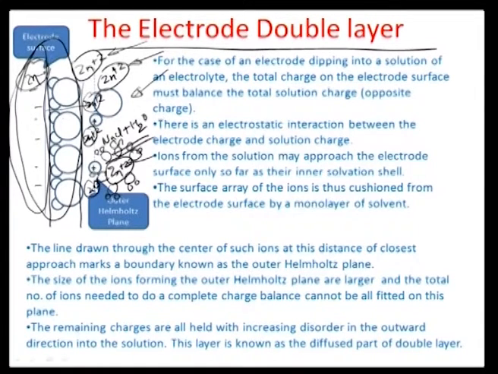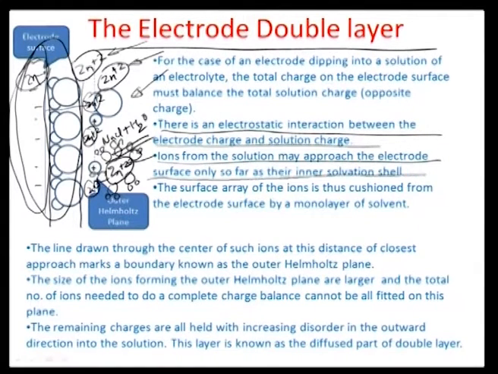So, there is an electrostatic interaction between the electrode charge and the solution charge, that is number one, and then ions from the solution may approach the electrode surface only so far as their inner solvation shells. So, the solvation shell is this shell which is formulated because of the water molecules, okay, around the zinc plus 2 atom.